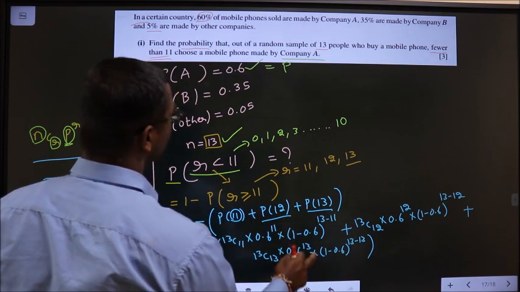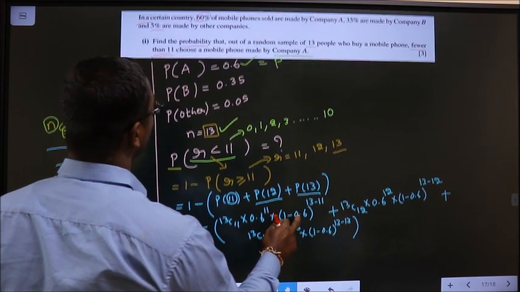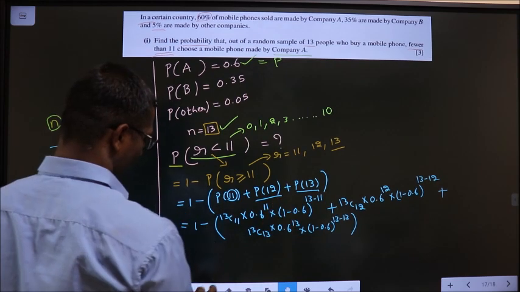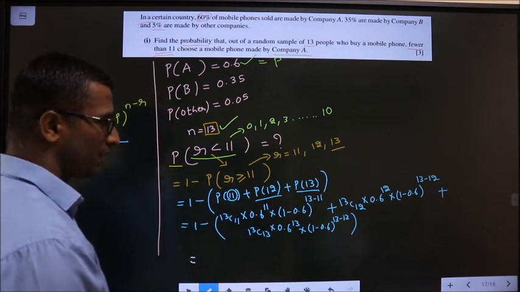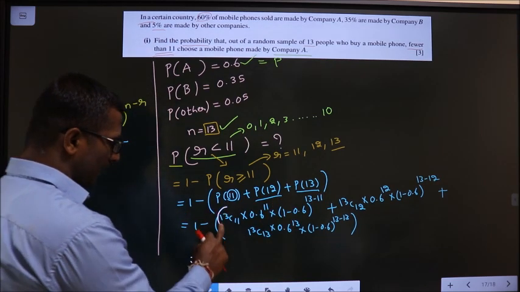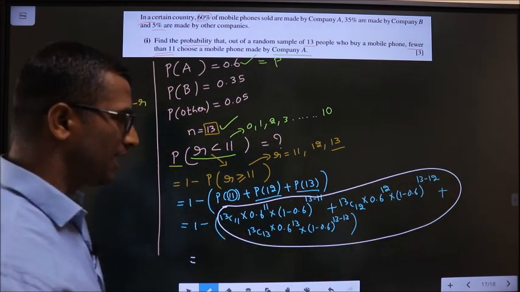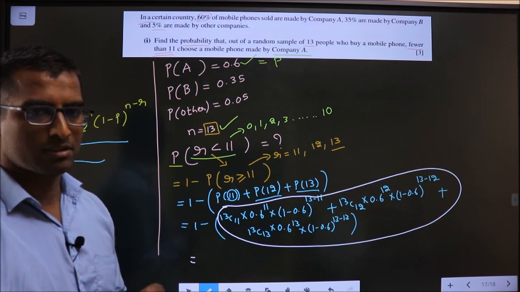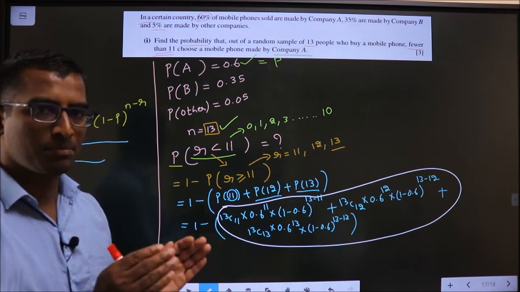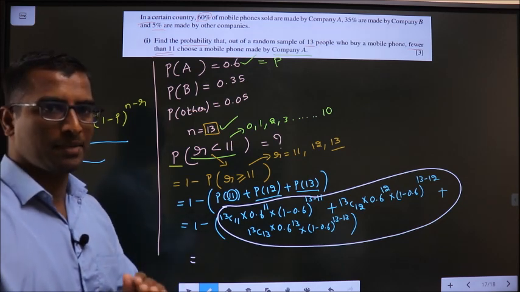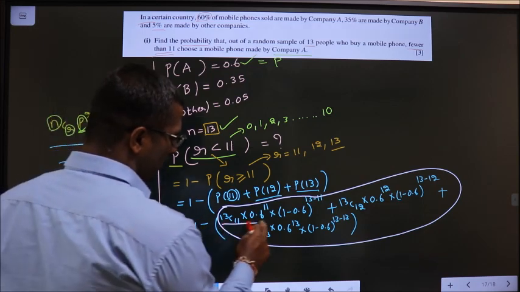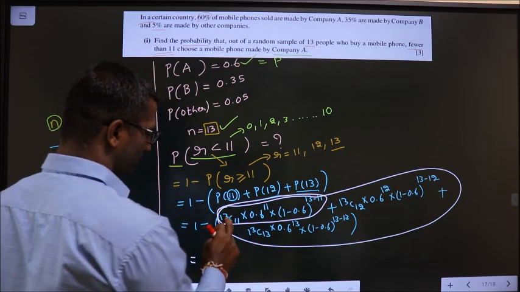Okay, now this entire thing at once we cannot place in the calculator. So what we should do is add piece by piece. What I mean is, first you calculate this.